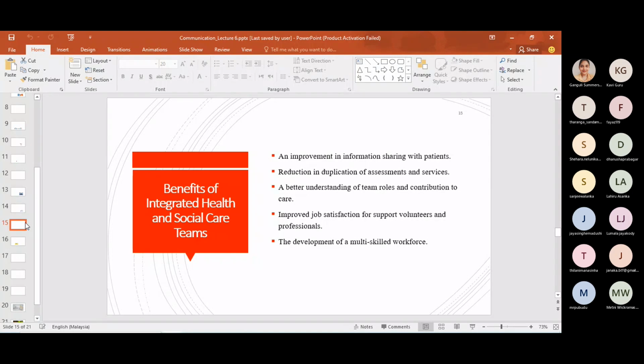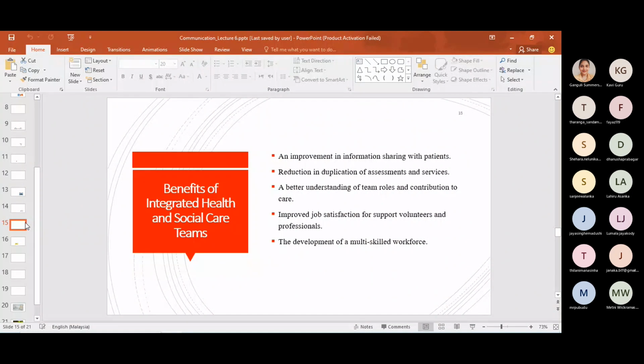Also, when you are involved in partnership working, you will be able to understand a lot about team working. Because you get to mingle with people coming from different financial backgrounds, from different cultural backgrounds, and very interestingly, from different religious backgrounds.